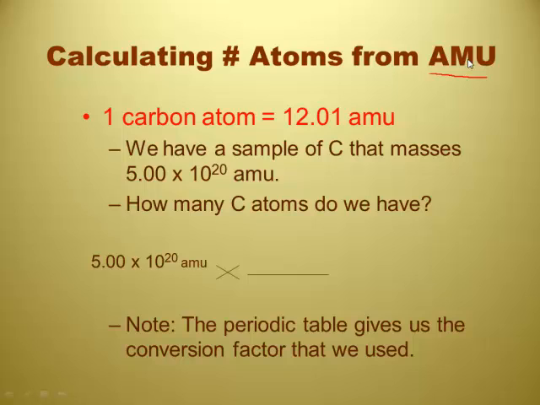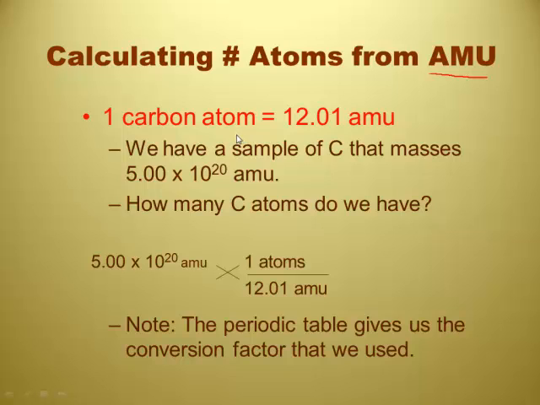Dimensional analysis. Factor labeling. So we use the bottom to cancel out the top. We use AMUs on the bottom, so 12.01 AMUs goes on the bottom. That means that one carbon atom, the other part of my ratio, goes on top.